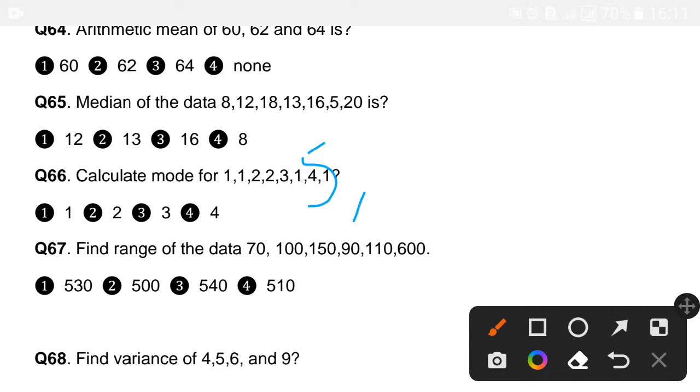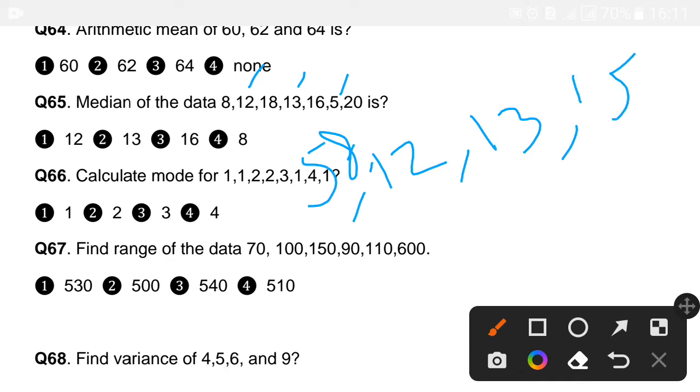The smallest value is 5, then 8, then 12, then 13, then 16, then 18, and then 28.